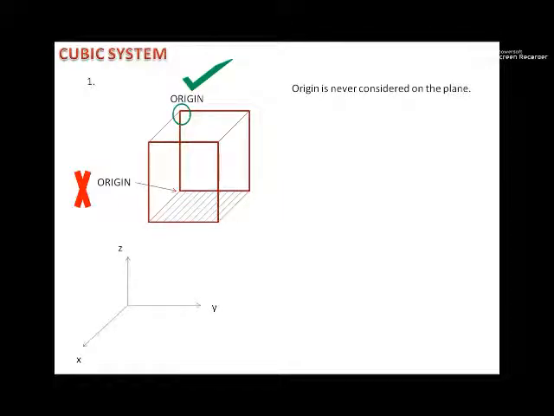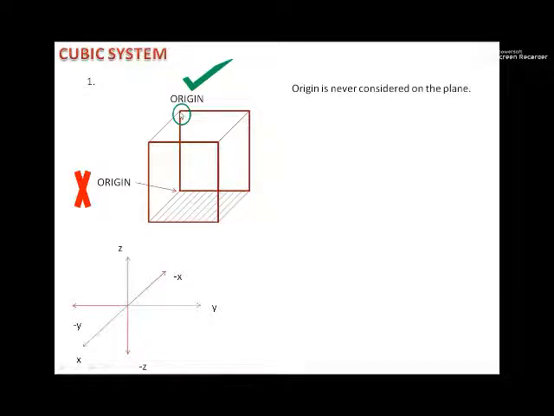Now what you should do? You just take this XYZ axis at the origin here and just extend these axes in the reverse direction. So if you extend in the reverse direction, this will be minus x, this will be minus y, and this will be minus z.